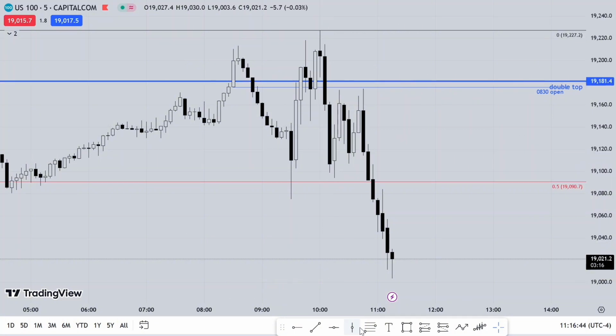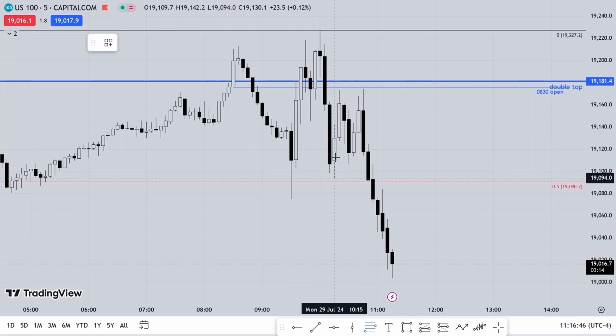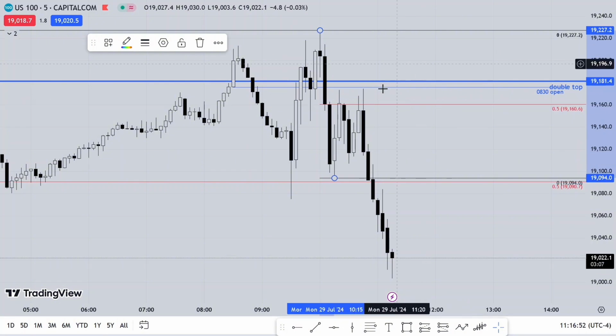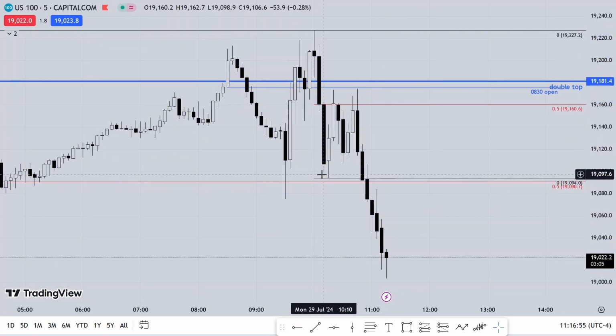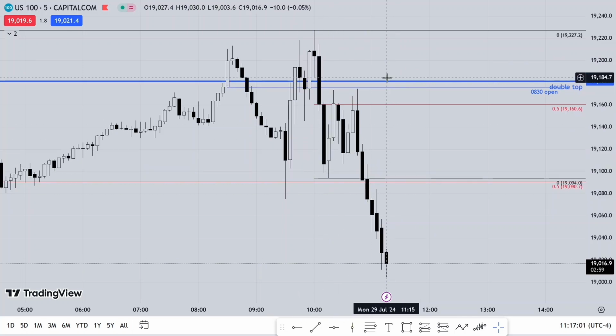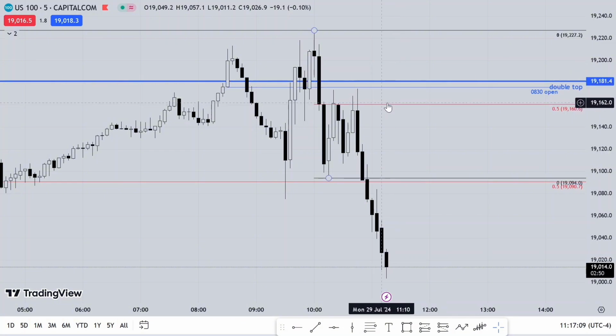So when you have that clear range established, you are looking for price to trade to a premium PDRA. So because you are bearish and you're looking for lower prices, when price does trade to a premium PDRA, you look for sales inside of those premium PDRA, which is above the equilibrium.